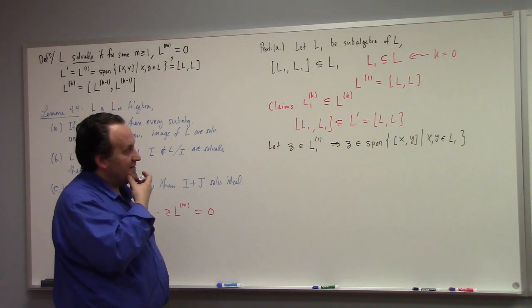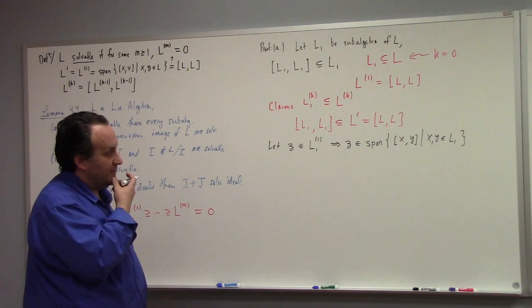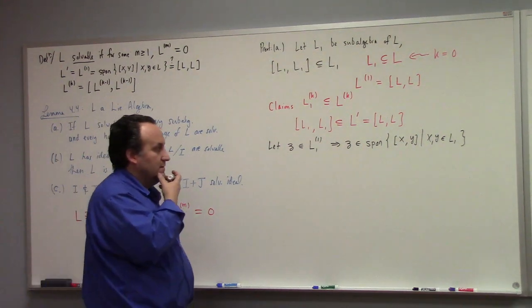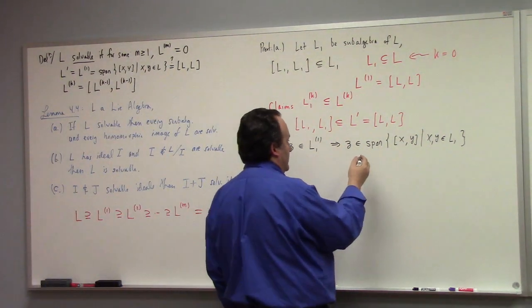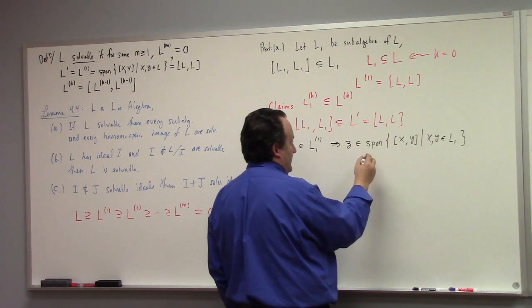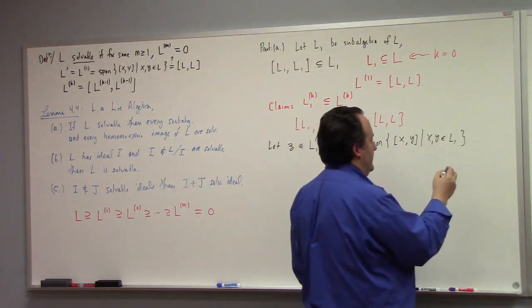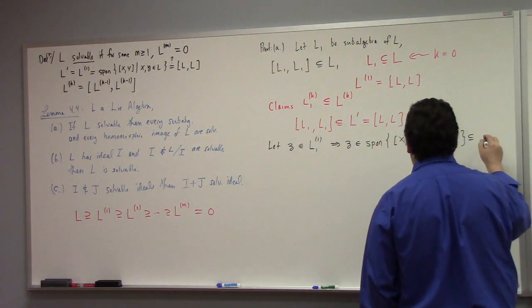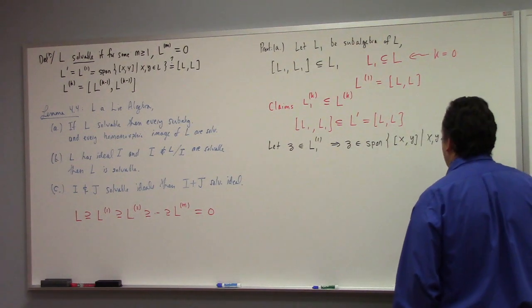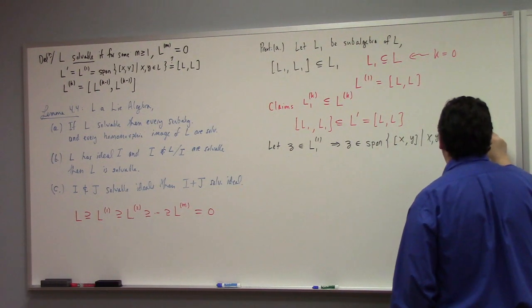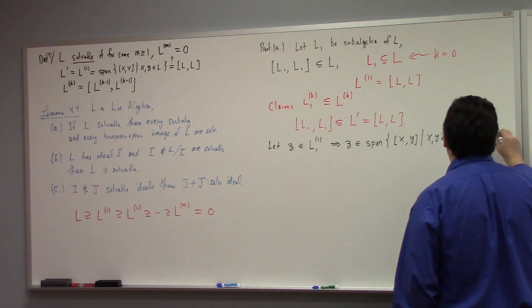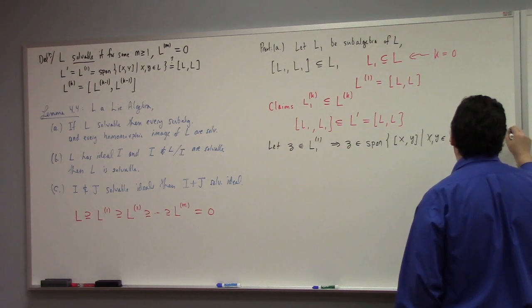But L1 is a subset of L, right? So this is pretty clearly a subset of the span of, let's say, A and B, such that A and B are just in L, right?